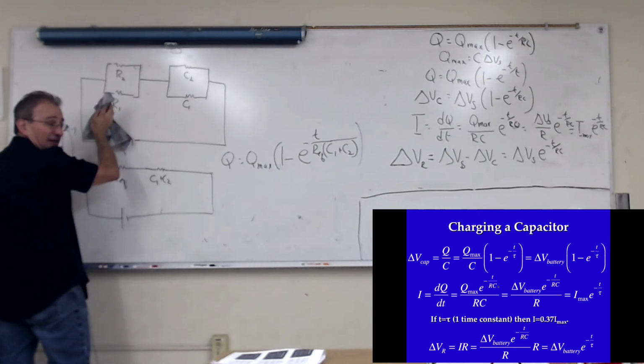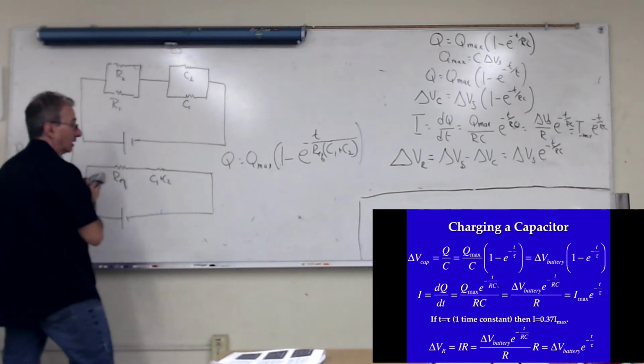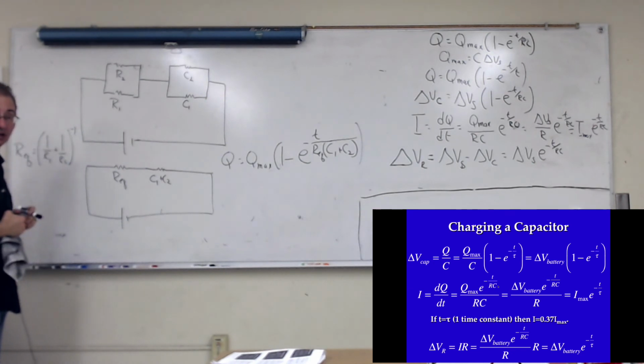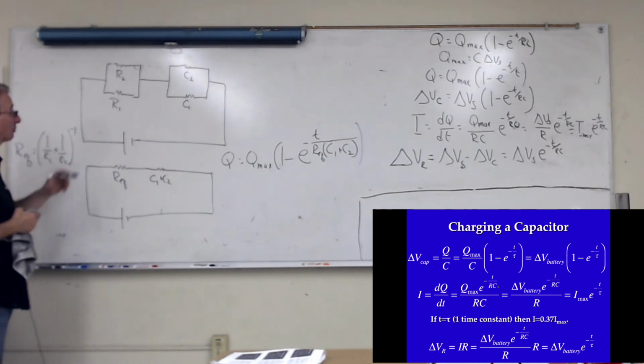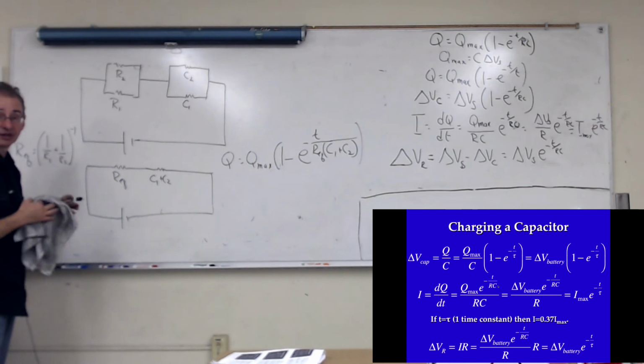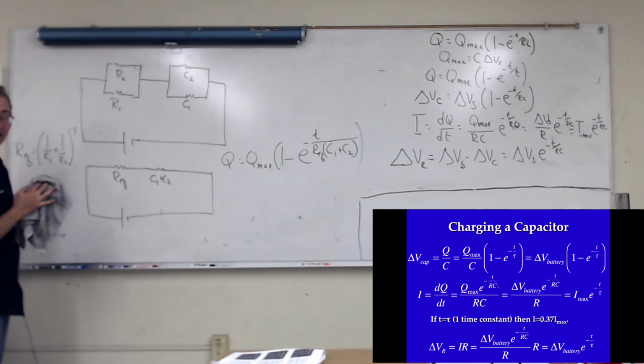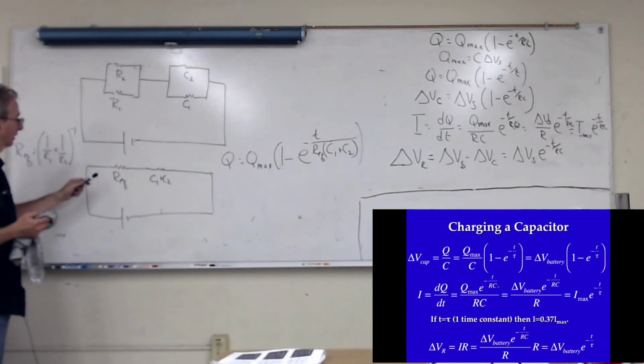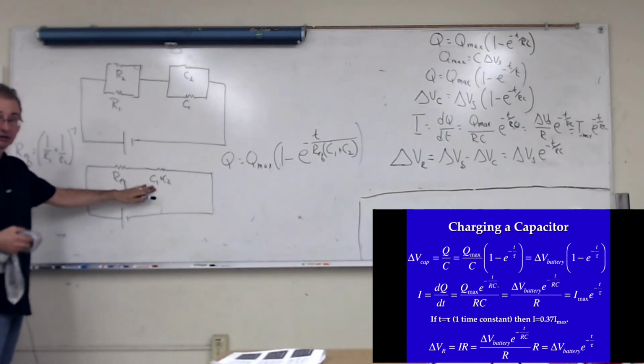Can I erase this then? What does that equation say on the left? Oh, this is the equivalent resistance of these two. Oh, yeah. So you wanted me to do them all in series. I think he's saying that the R equivalent and the C1 plus C2 are in series now. Yeah, they are.